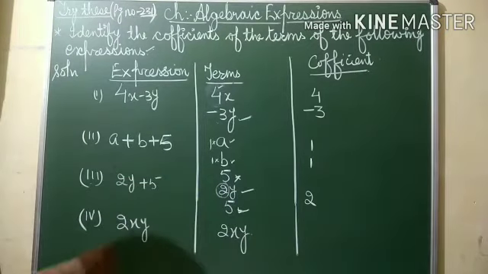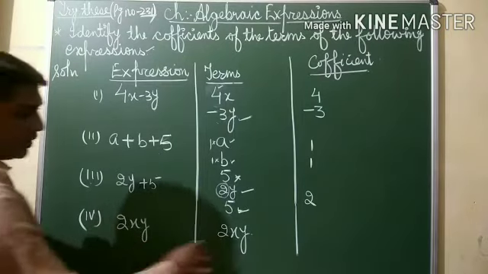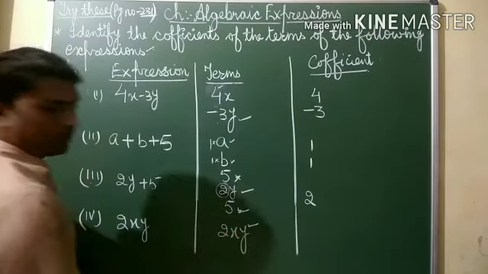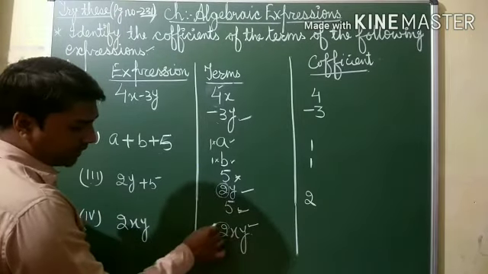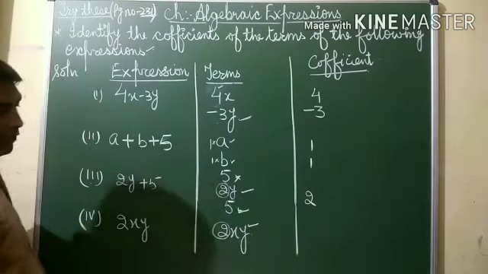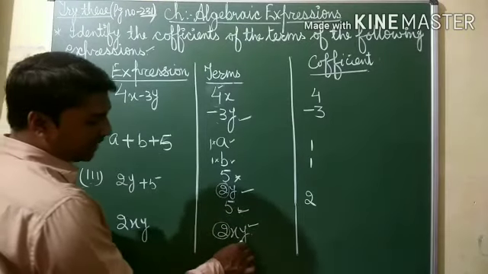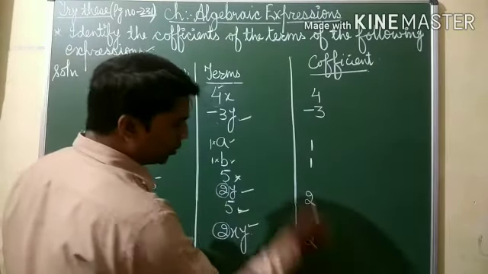Next is the expression 2xy. Since this expression contains only one term, 2xy, with numerical factor 2, the coefficient of the term 2xy is 2.